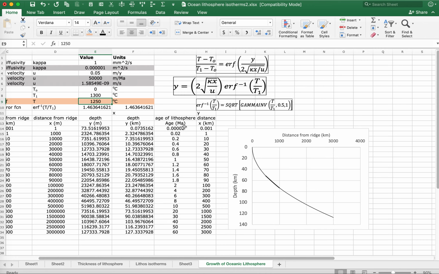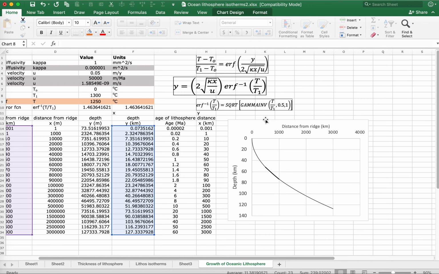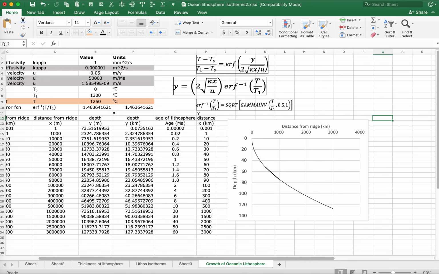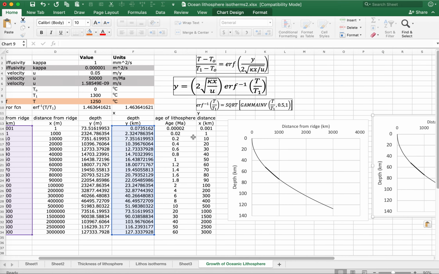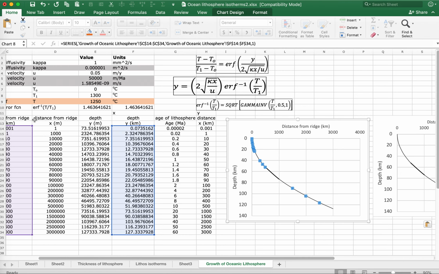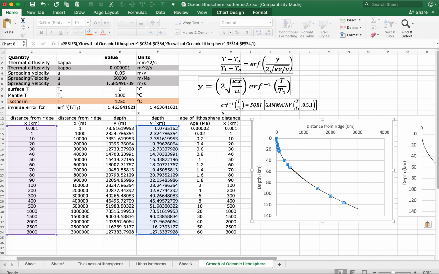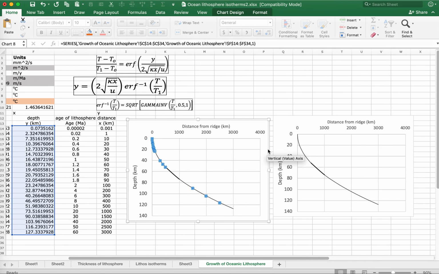We can change this distance to time if we prefer, so we can make another chart. Let's just take a copy of this and paste it over here, and we can replace distance. So here we're plotting distance in column C from the ridge.